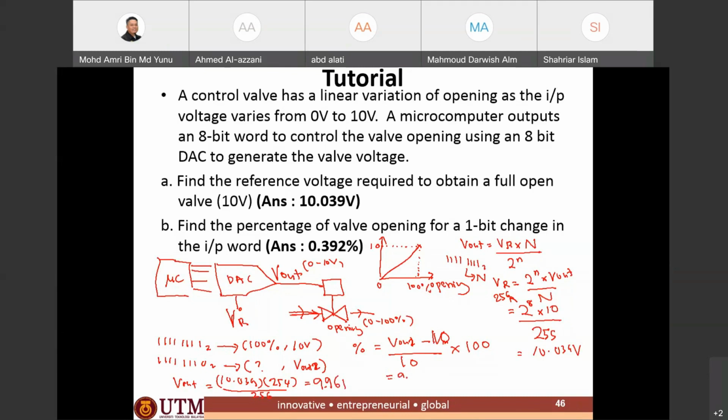So the percentage is 9.961 minus 10, divided by 10.